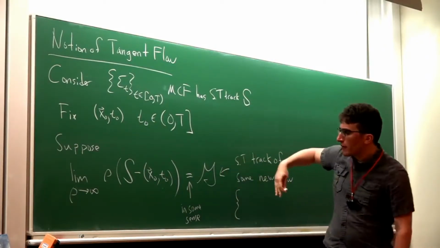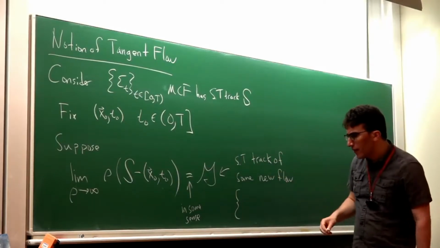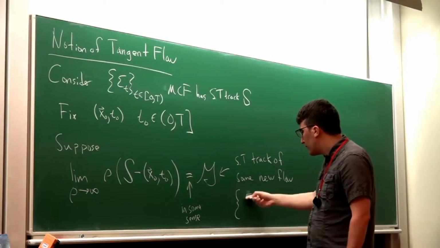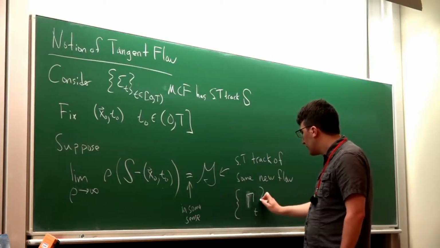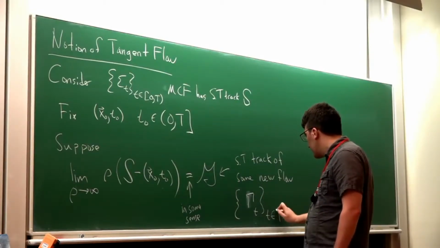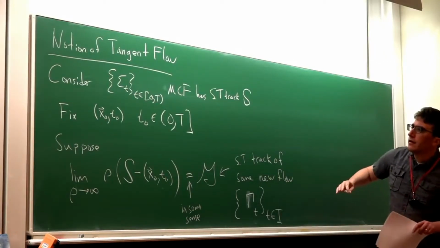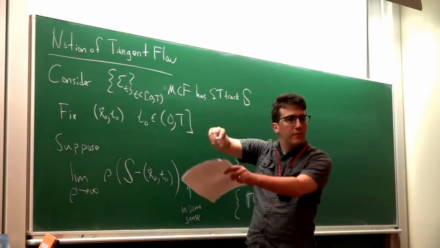In other words, each time slice should be a hypersurface, or some kind of generalization of hypersurface, gamma t, where t belongs to some interval I. And because we're zooming in, this interval is getting bigger and bigger.